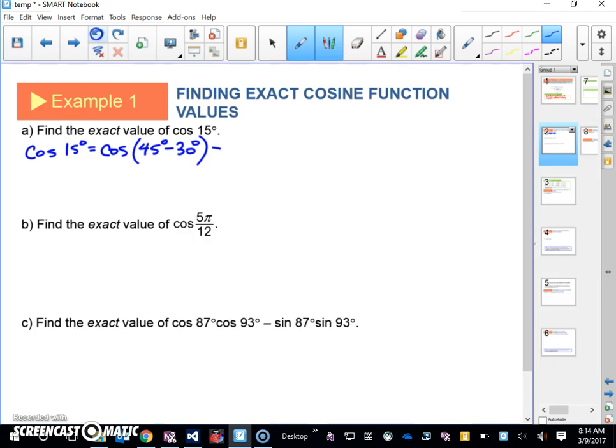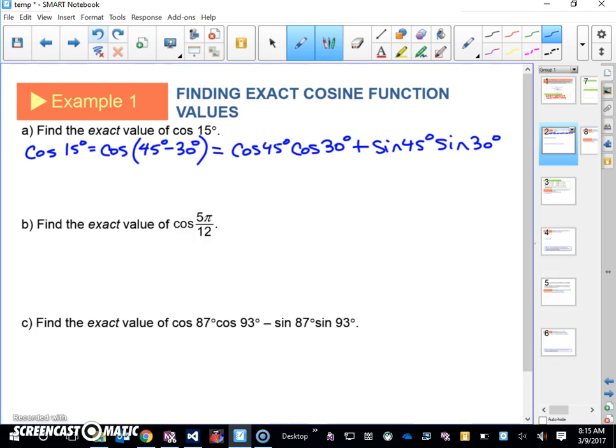So the formula says cosine 45 degrees, cosine 30 degrees, instead of minus, we say plus, sine 45 degrees, sine 30 degrees. It's a little bit complicated for our formula, but it's just a pattern, and we're just going to plug in things that we know.